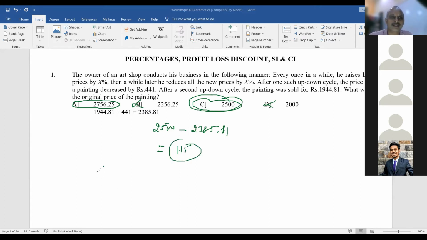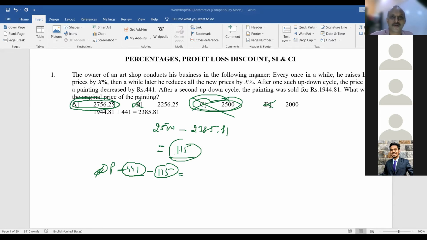Initially I had some price, let's say P, minus 441 is the first reduction. Can the second reduction be 115? Can it be approximately 1/4 of the first reduction? Is it just possible? No, sir. Logically, this is just not possible, and therefore the most appropriate answer will be A option.